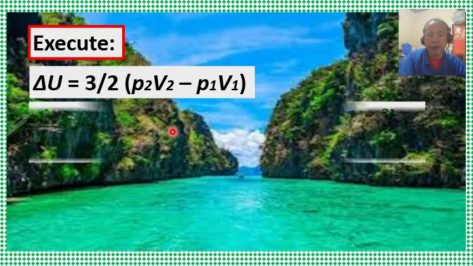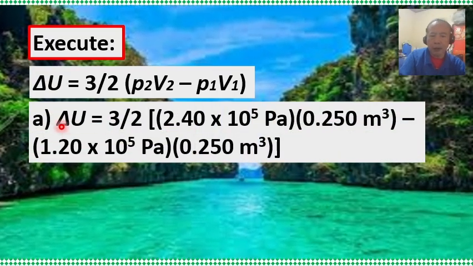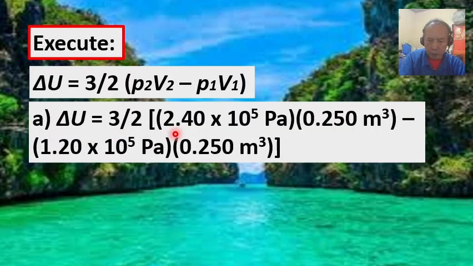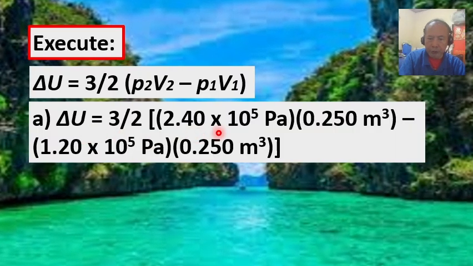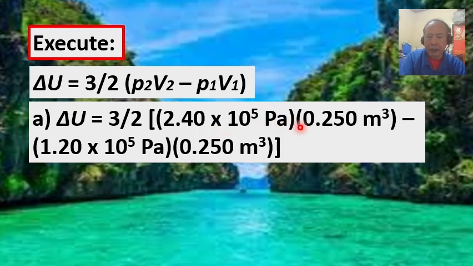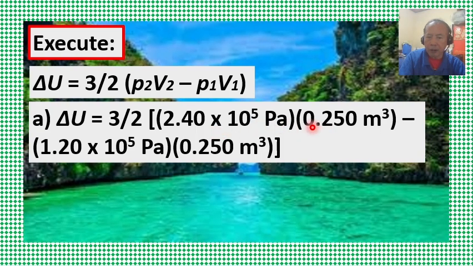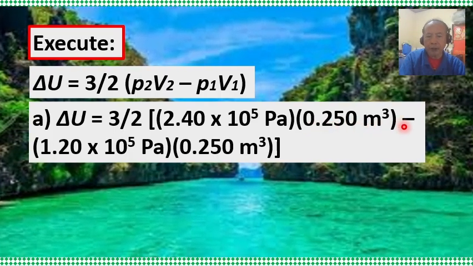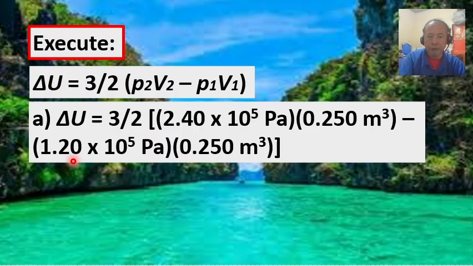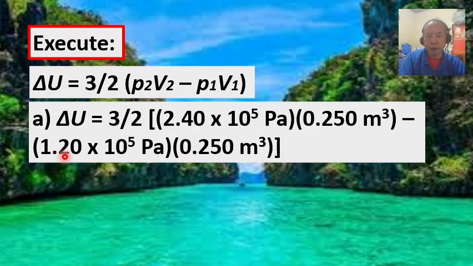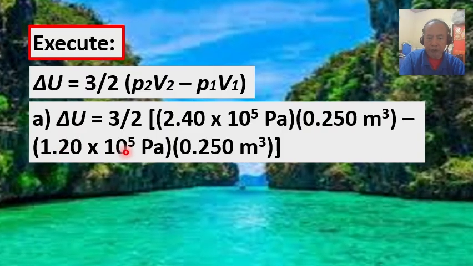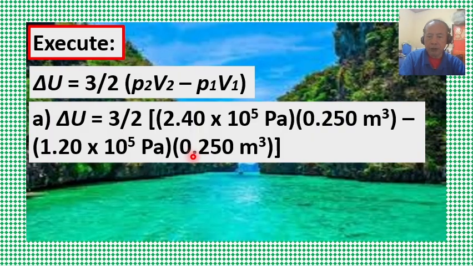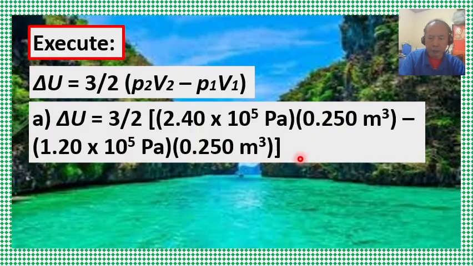So in part A, delta U is just equal to 3 halves multiplied by 2.40 times 10 to the p power Pascal times V2, which is 0.250 meter cube, and then minus the product of the initial pressure P1, 1.20 times 10 to the p Pascal, multiplied by the initial volume V1, 0.250 meter cube.